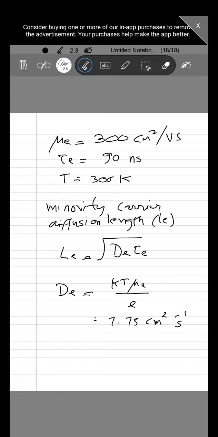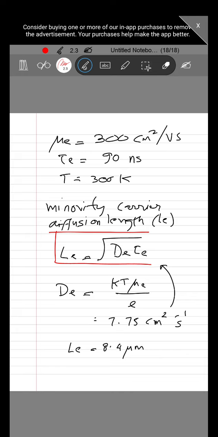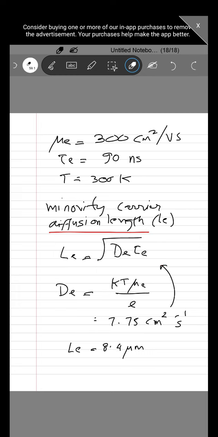We put the value in LE, and LE turns out to be equal to 8.4 micrometers. So this relationship should be considered, and it is important.